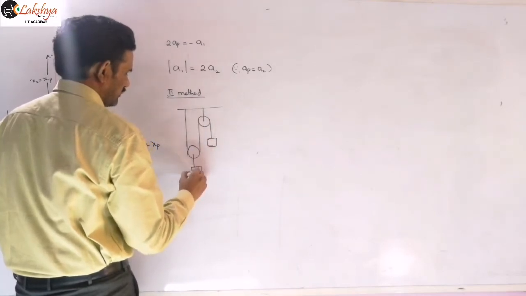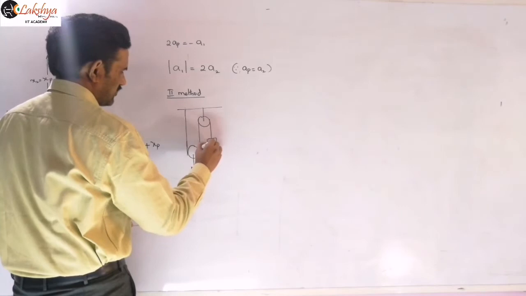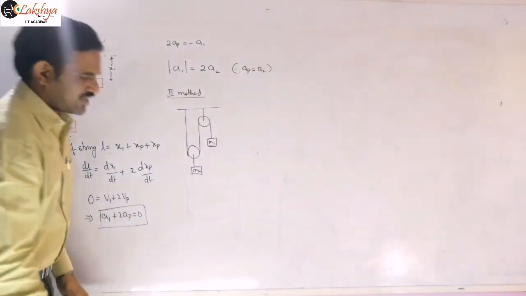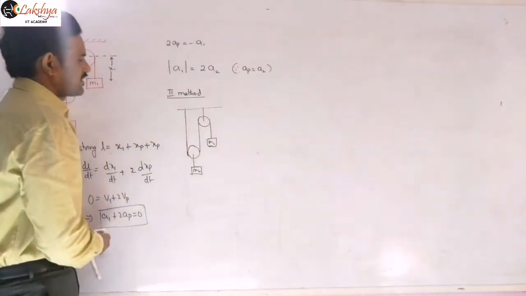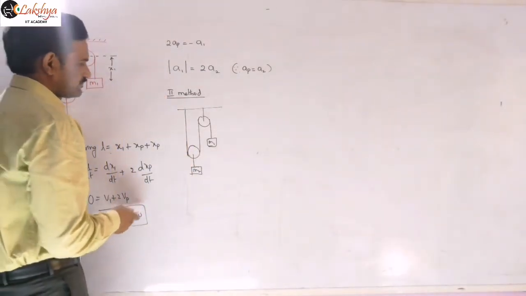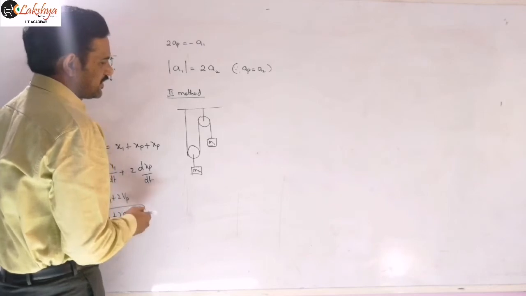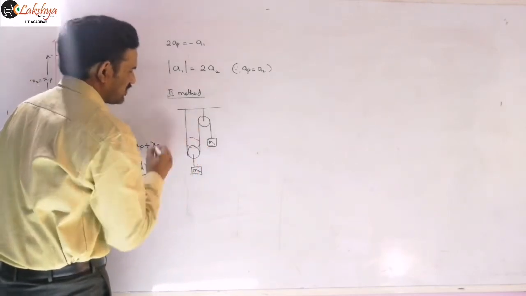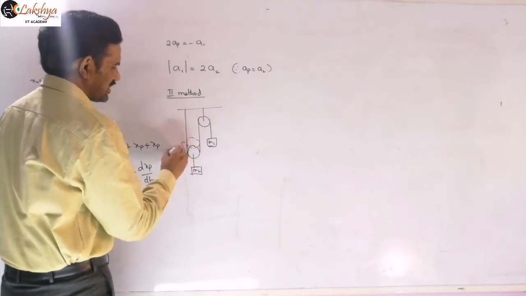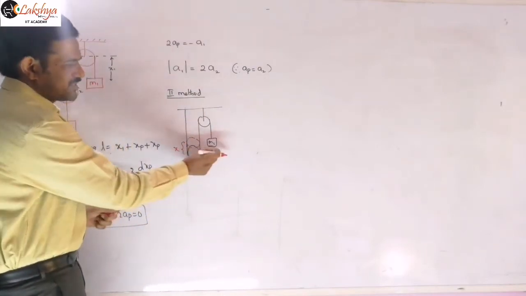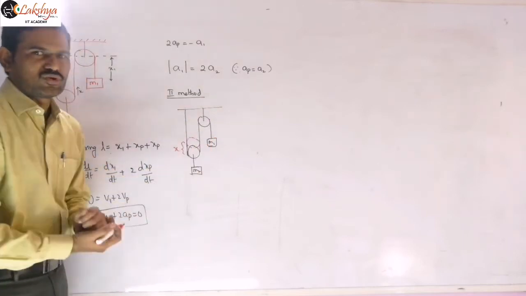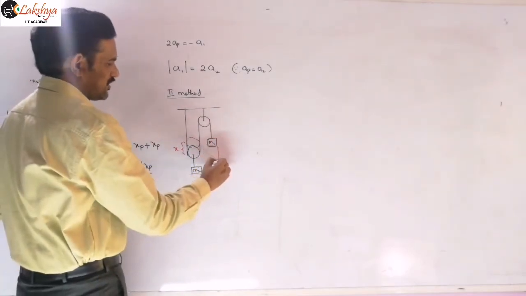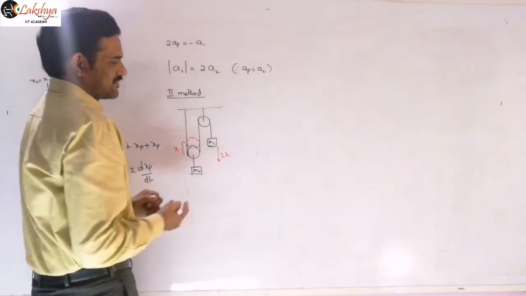Now what I am saying is, if this pulley is moving up by a distance x, coming to this position here, so that this distance is x, then how much distance will this block move down? It will move down by a distance 2x.